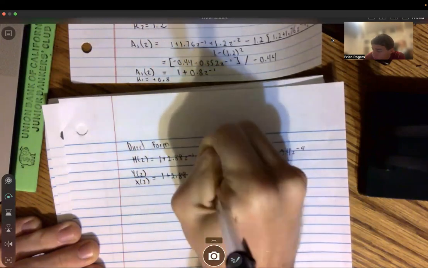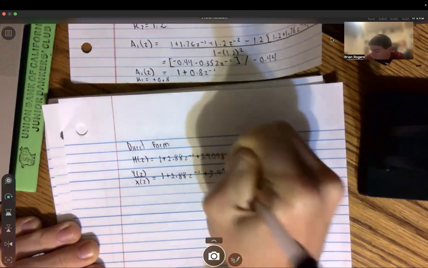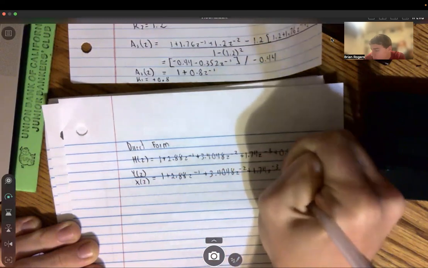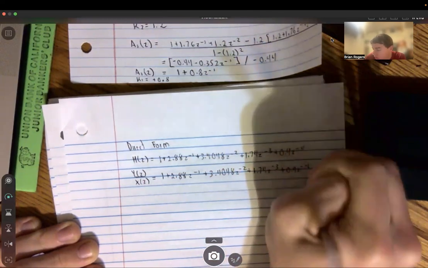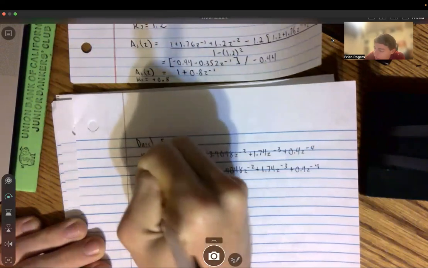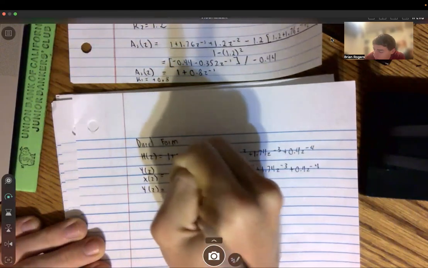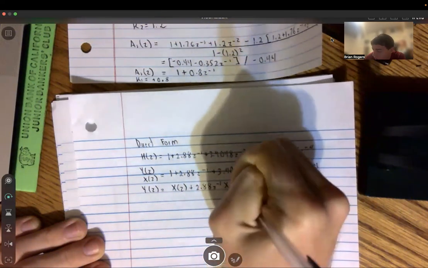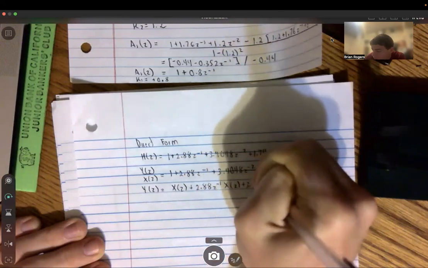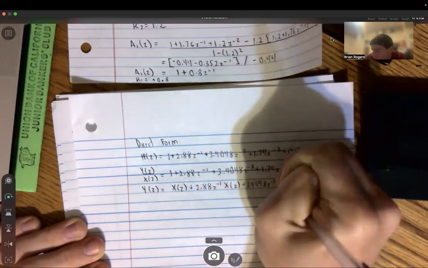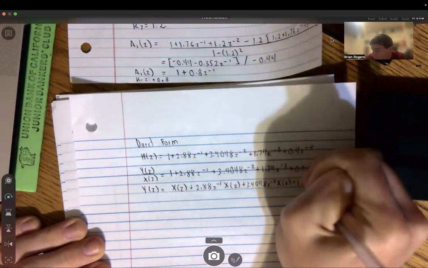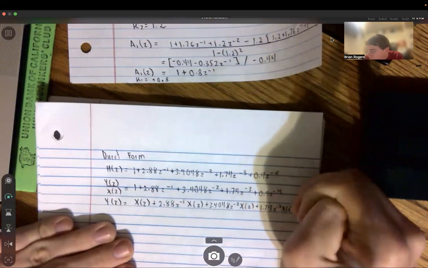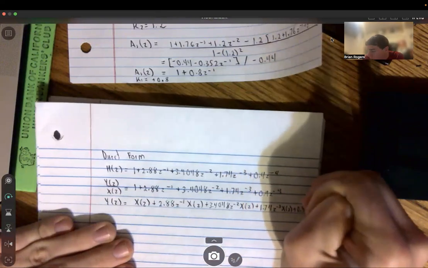But what we're going to do here is notice we'll multiply everything by X of z, so you're going to get capital X of z plus 2.88 z to negative 1 capital X of z, plus 3.4048 z to negative 2 capital X of z, and then plus 1.74 z to negative 3 capital X of z, and then plus 0.4 z to negative 4 X of z.